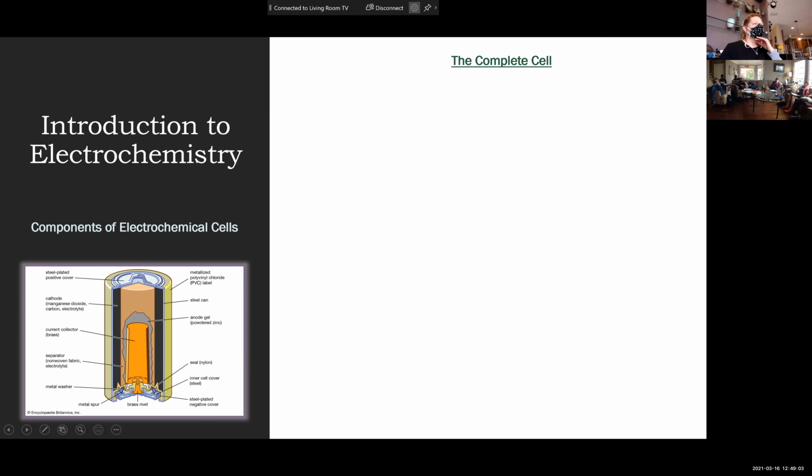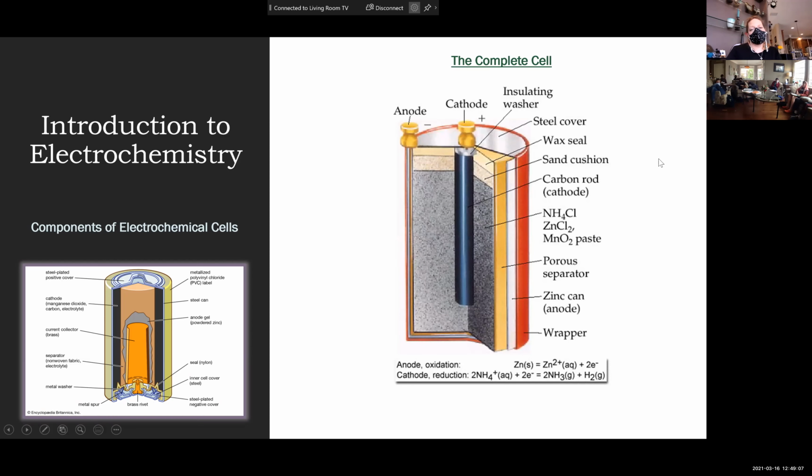All right, so then you have your complete cell. Here's a good example. If you ever wondered what's in a battery, this is what is in a battery. Has anybody ever taken a 9-volt apart? It's odd because inside of them is just a stack of button batteries, turned this way and then turned that way. It's not what you would expect to see.